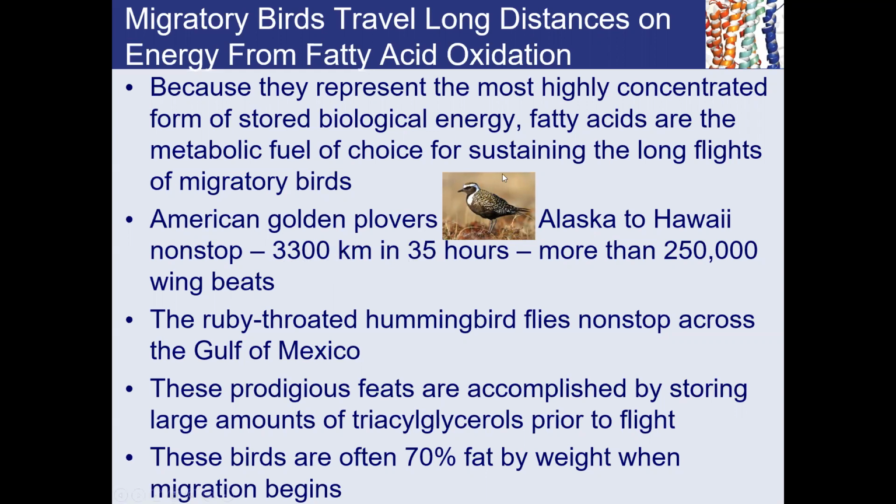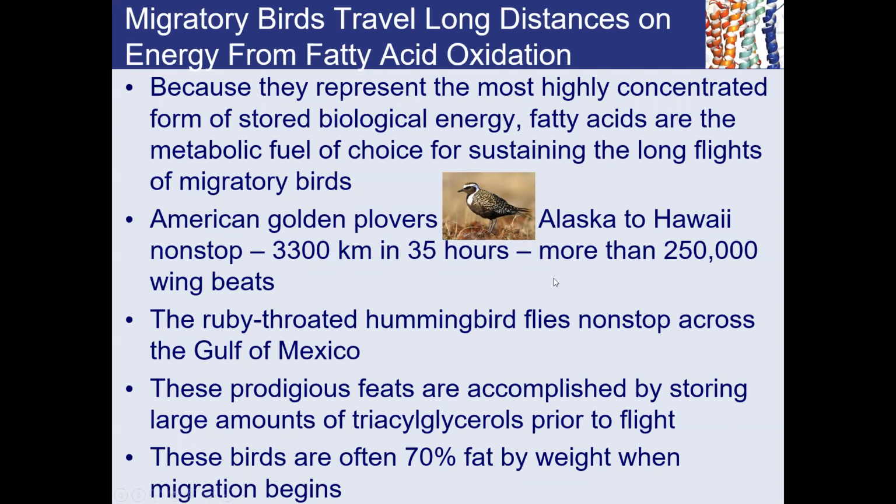And there are birds like this, for example, the ruby-throated hummingbird, that also flies nonstop across the Gulf of Mexico. And the reason these birds are able to do that is that before flying, they feed on certain types of seeds. And you know from the last class that seeds are very rich in fat, right? Lipids, triacylglycerols. And so when they feed on these seeds, they pack a large amount of neutral fat.